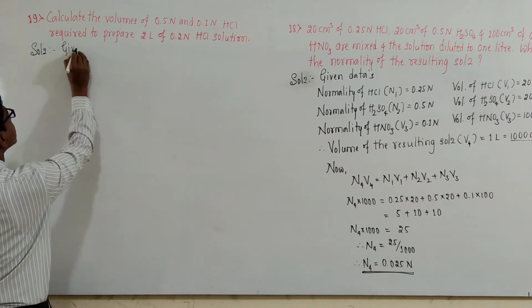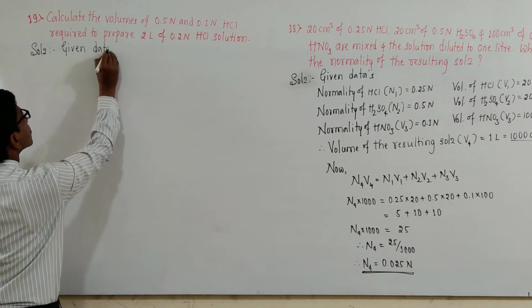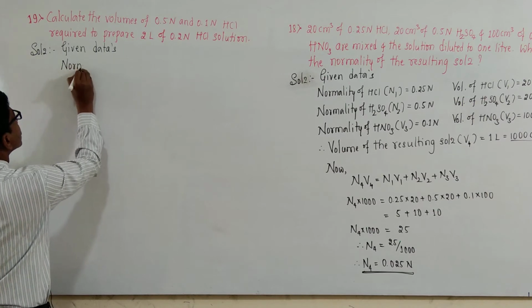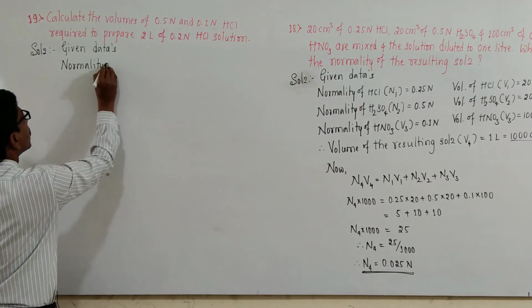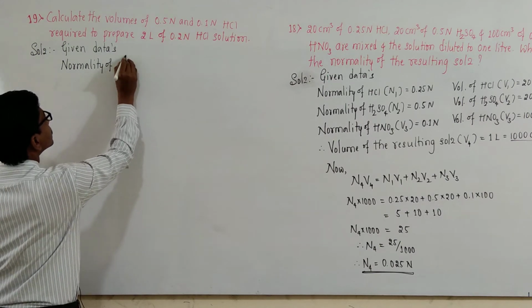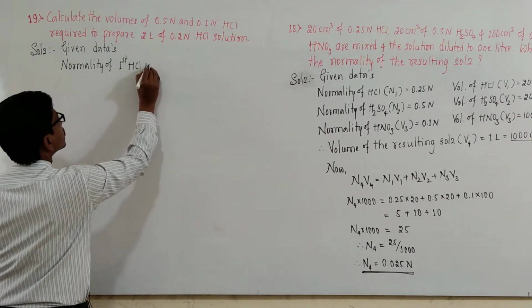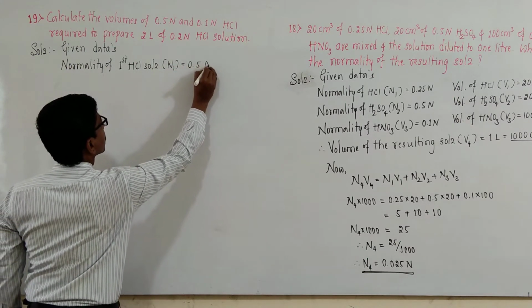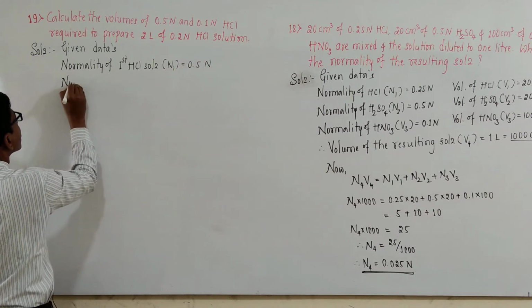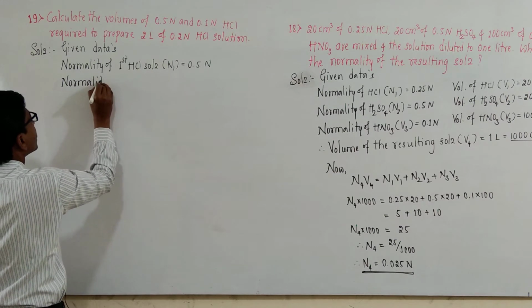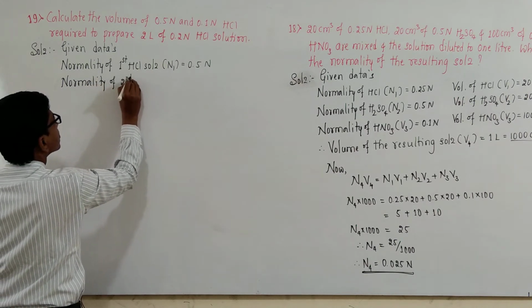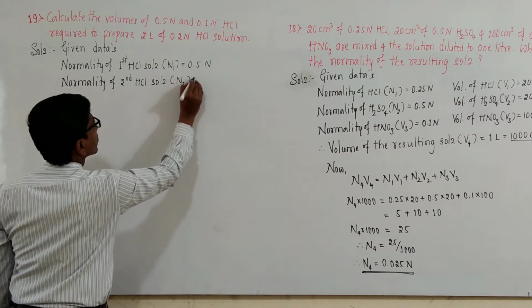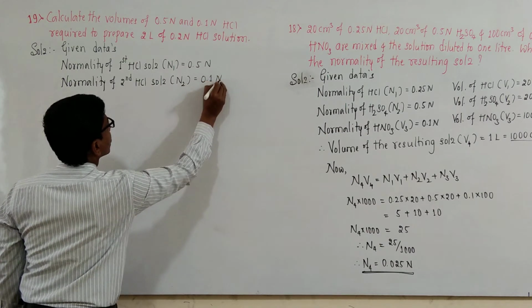Given data. Here, first is normality of first HCl solution, N1 is equal to 0.5 normal. Normality of second HCl solution, that is N2, is equal to 0.1 normal.